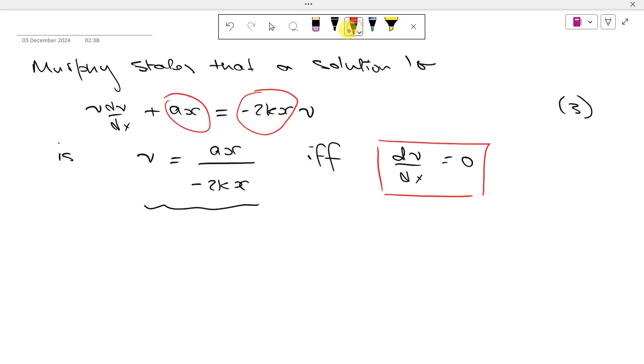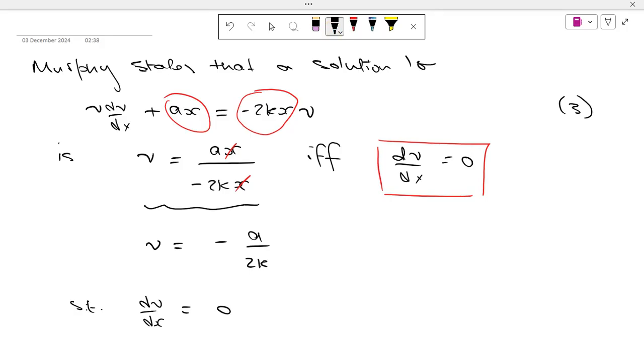You can see that the x cancels, leaving us with v equals minus a over 2k. And if we differentiate this, then we find that dv by dx is equal to 0.